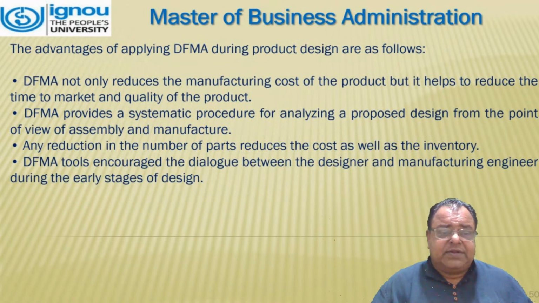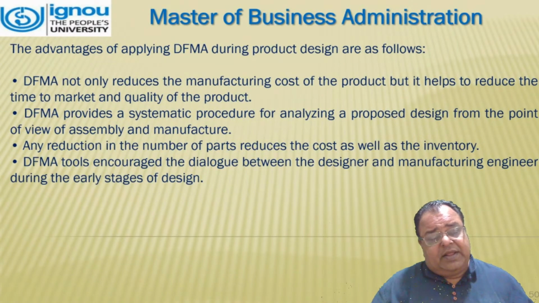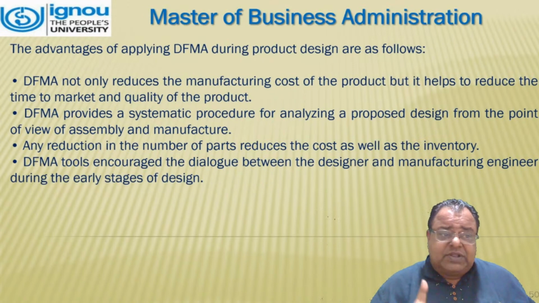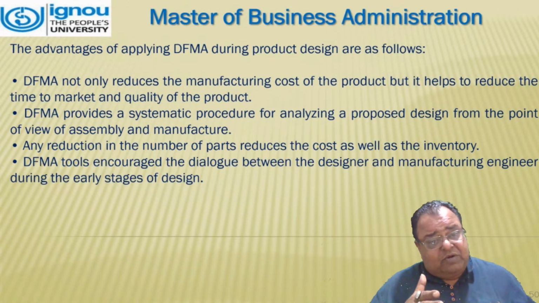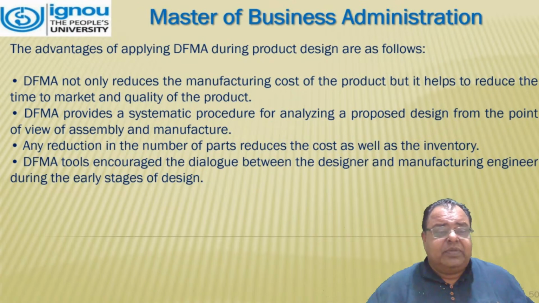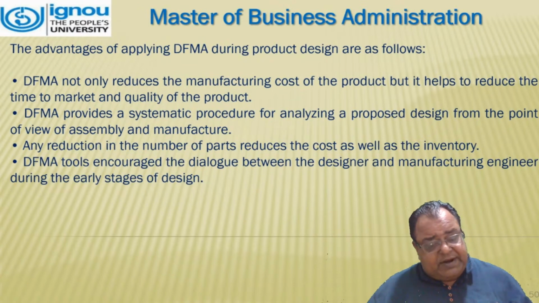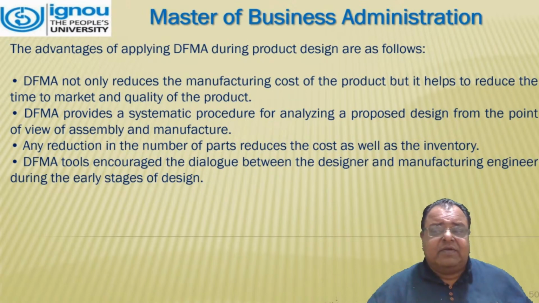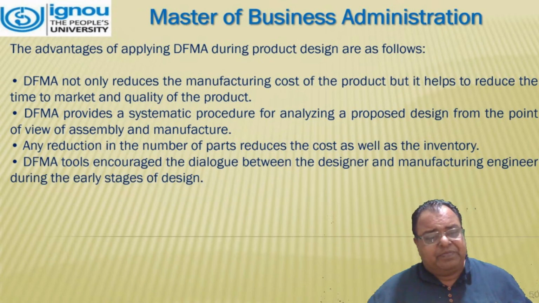The advantages of DFMA during product design are: DFMA not only reduces the manufacturing cost of the product, but it also helps to reduce the time to market and improve the quality of the product. It also provides a systematic procedure for analyzing a proposed design from the point of view of assembly and manufacturing.